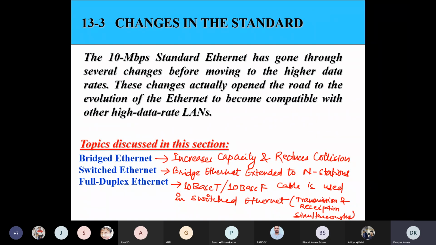But in improving the network quality, one thing we should keep in mind is that the older version of the network should be compatible with the new, extended, or improved version, at least for some years.